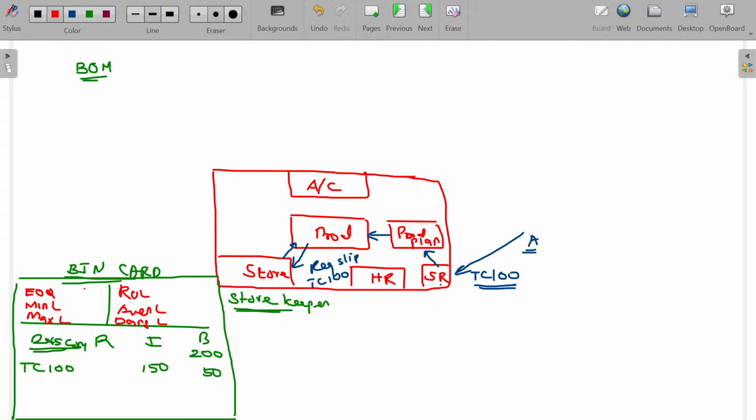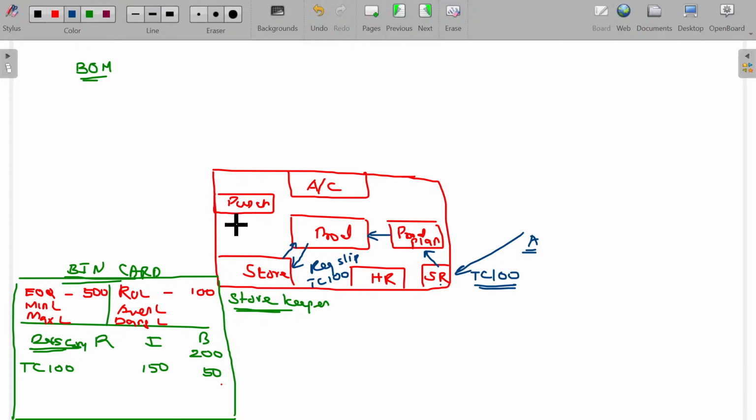In EOQ, it is stated that 500. In reorder level, it is stated to be 100. What does it mean? Whenever the stock balance touches or goes below the reorder level, it's time to go for ordering. The process of ordering the raw materials will be carried out. So the moment it touches 50, immediately stores department sends the requisition to purchase without delay. To whom? Purchase department.